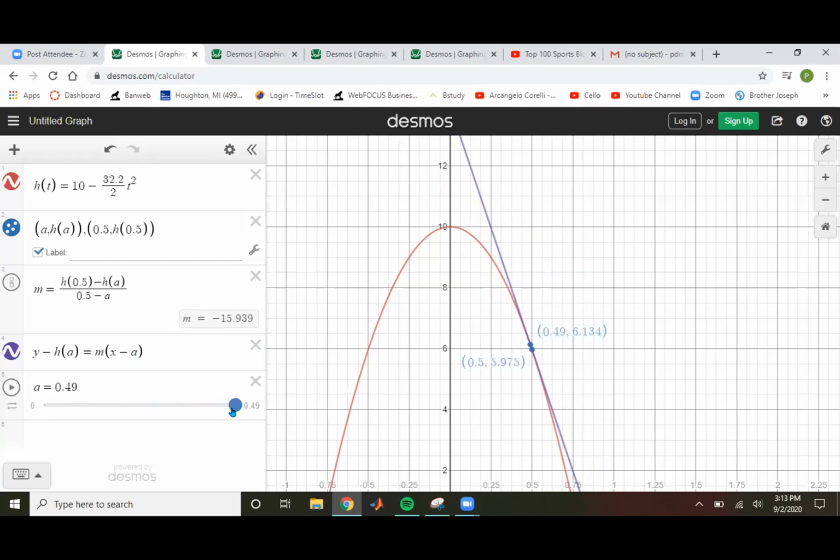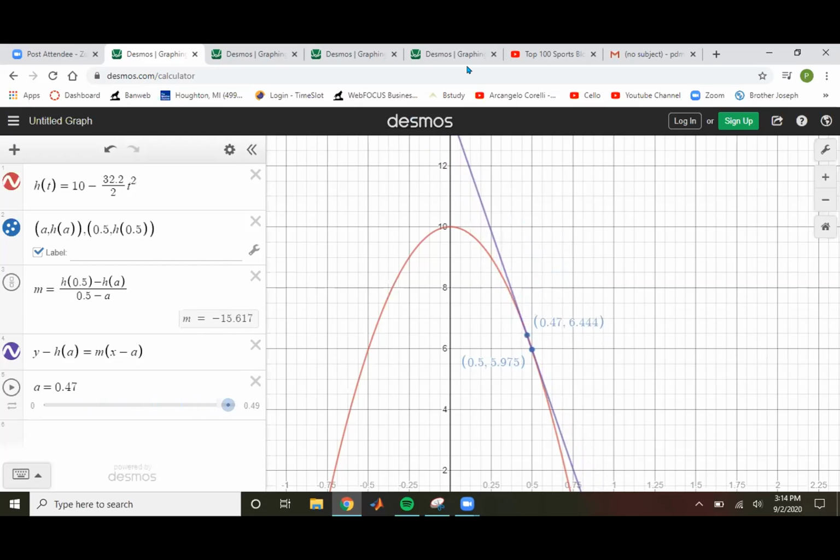It's an average velocity that has a very small time elapse. We can go a little further away, and all these lines are called secant lines. And as we get our change in time smaller and smaller, they approach our tangent line.